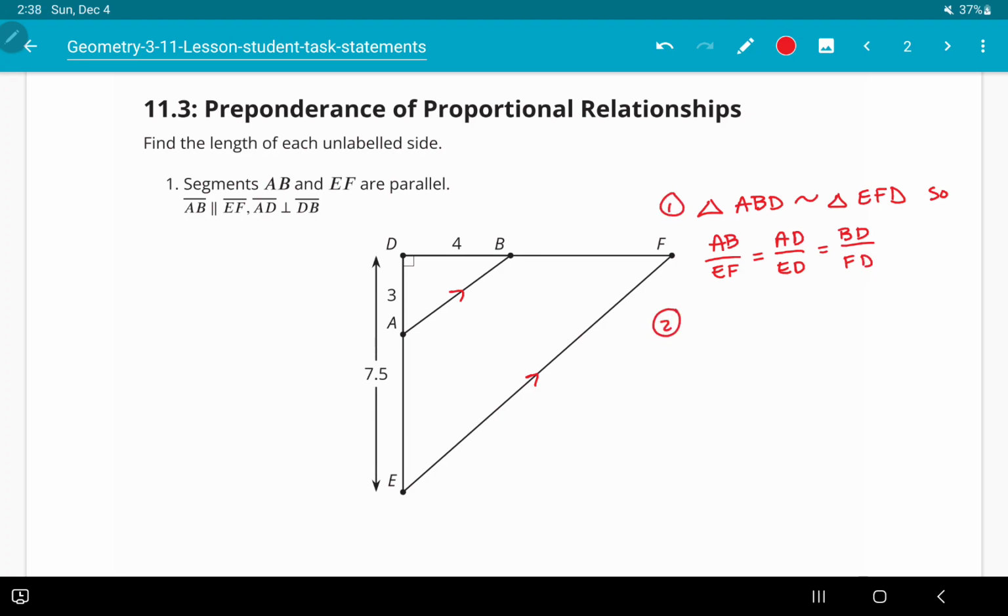Our second step is we already know some of these pieces of information. We already know what AD is. AD is 3. We already know what BD is. BD is 4. And we already know what ED is. ED is 7.5.